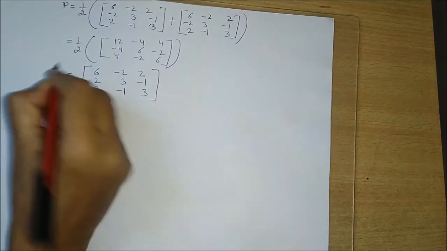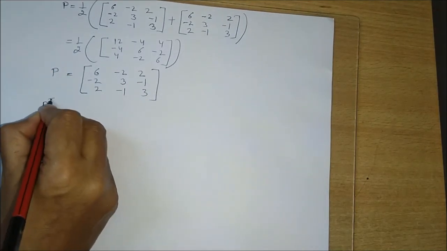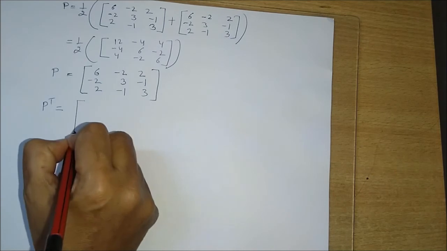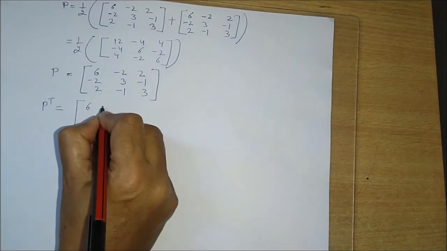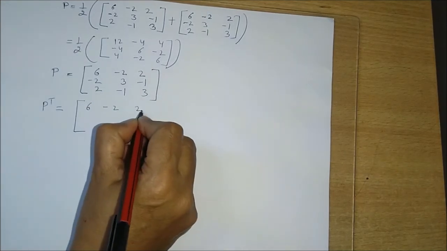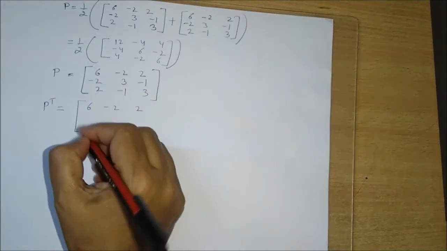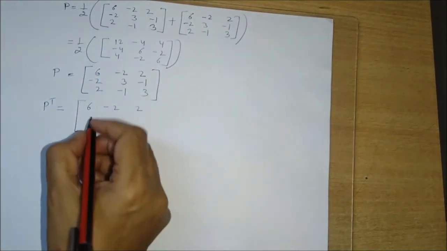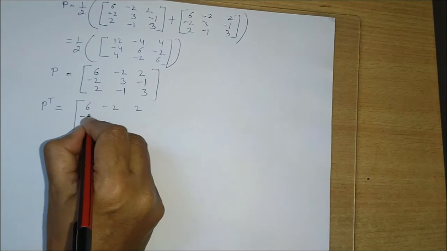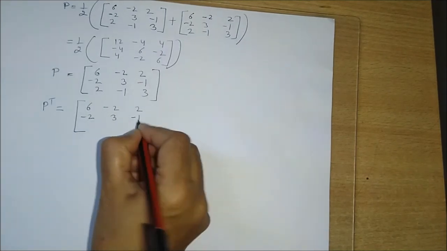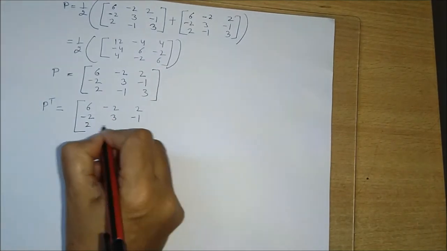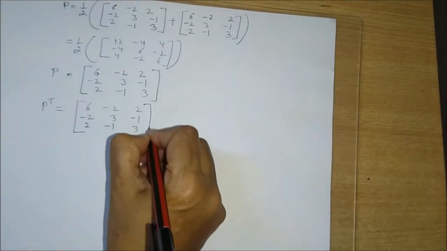That is P. Now let us take transpose of P. Transpose of P has first column 6 -2 2, row changes into column or column changes into row. Second column is -2 3 -1. Third column is 2 -1 3.